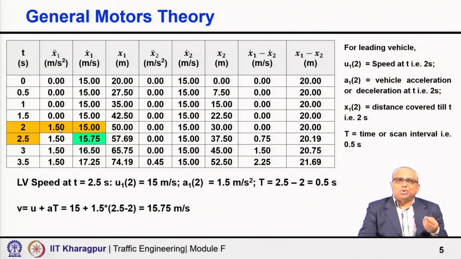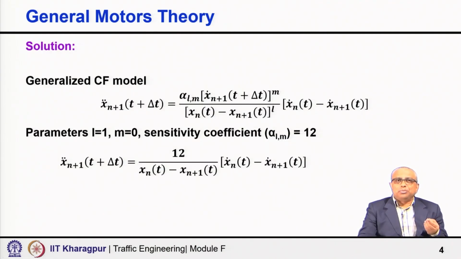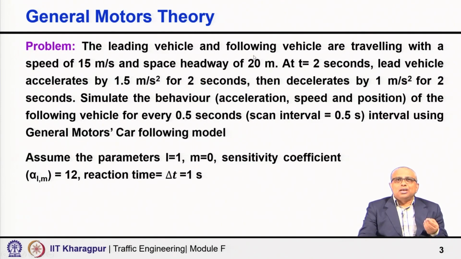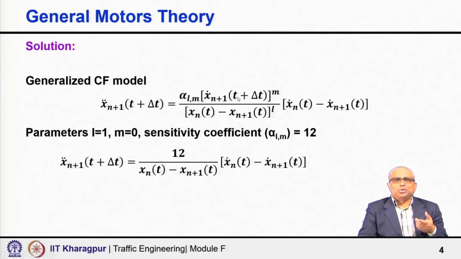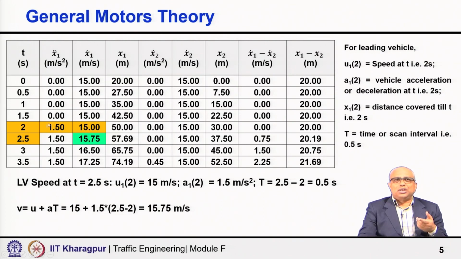So, that means 2, 2.5, 3 and 3.5 will all be 1.5. Look at this problem carefully. At t equal to 2, the lead vehicle starts accelerating at 1.5 meter per second square for 2 seconds. So, when it is exactly t equal to 2, acceleration starts, and at t equal to 2 we have taken the acceleration.